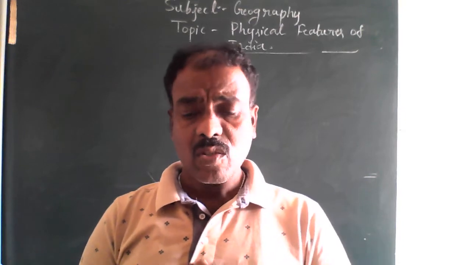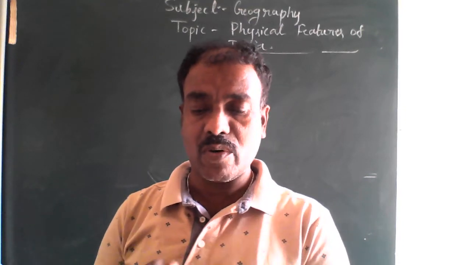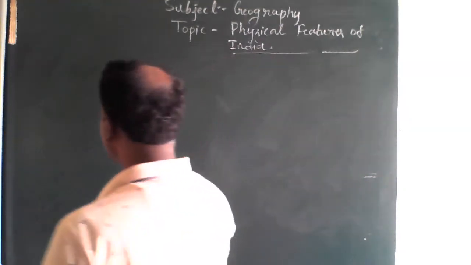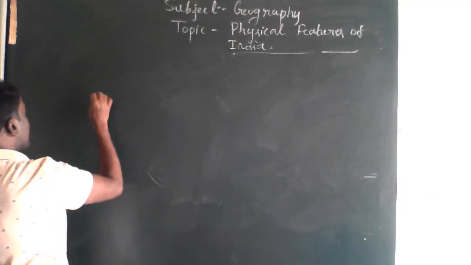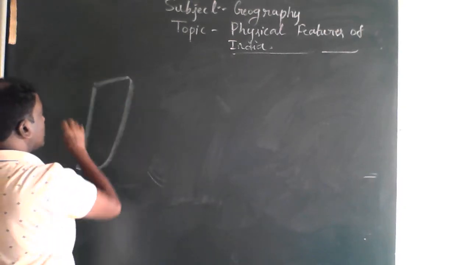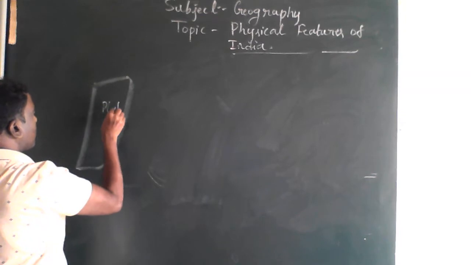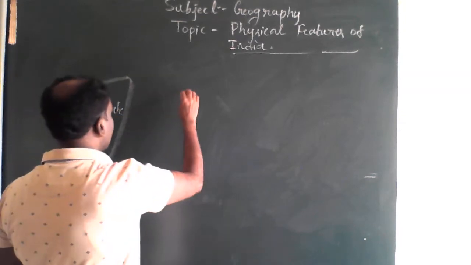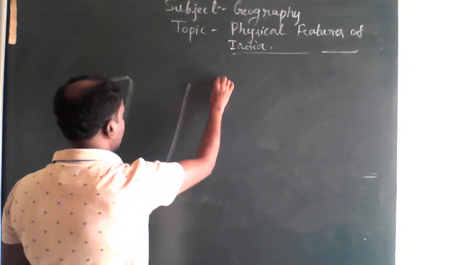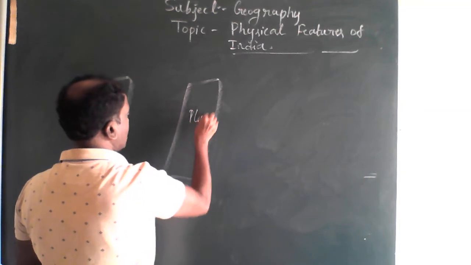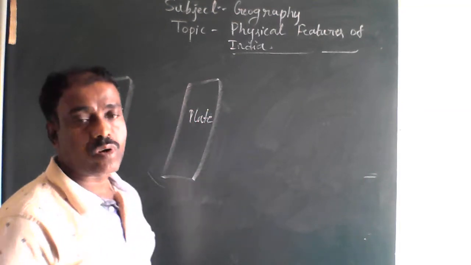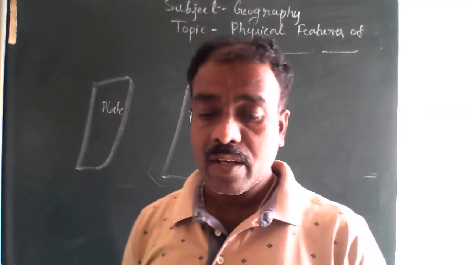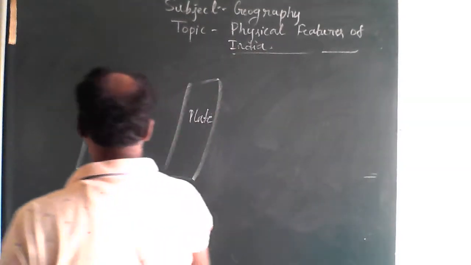Transform boundary. So what is this convergent boundary? See, convergent boundary means, for example, just imagine, this is one plate and this is one plate. I am talking about convergent boundary.